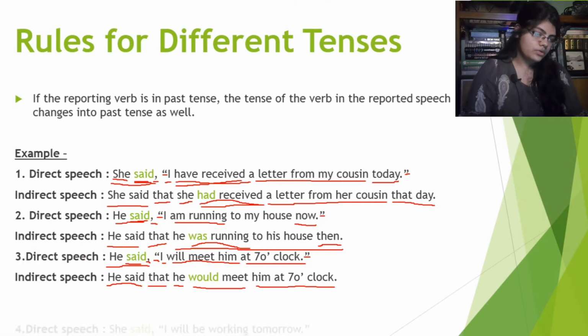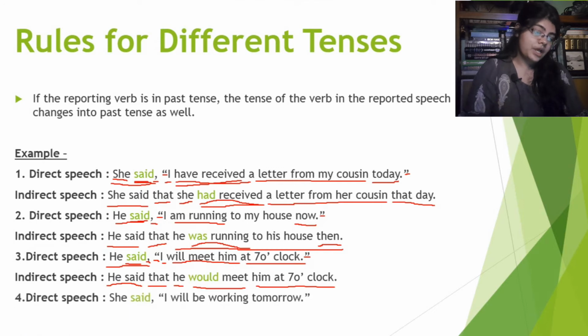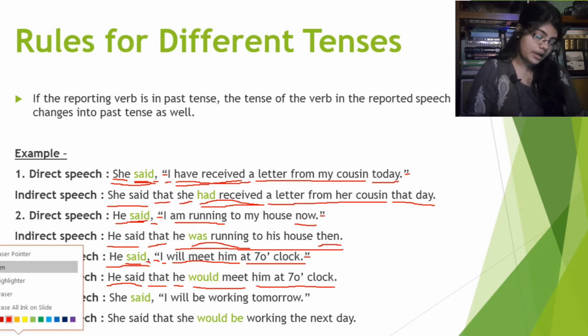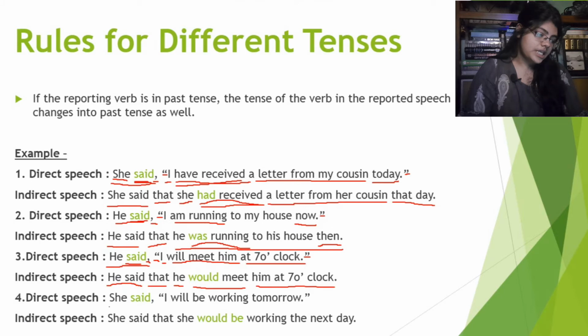So, the next example now is: She said, "I will be working tomorrow." The indirect speech of that: She said that she would be working the next day. Again, "she said," comma will be replaced by "that." The inverted commas will not be used here. "I" will be "she."